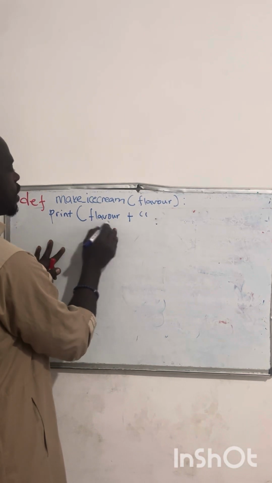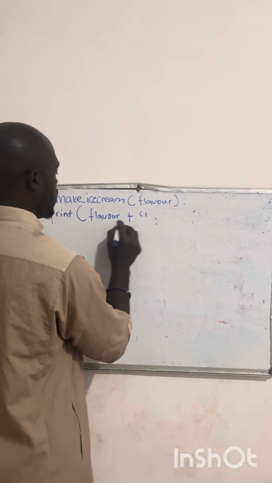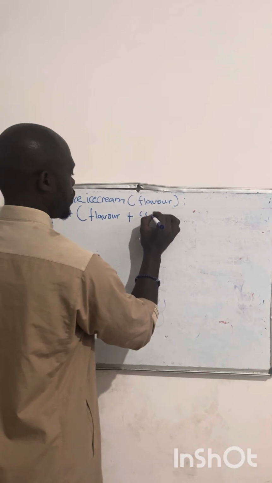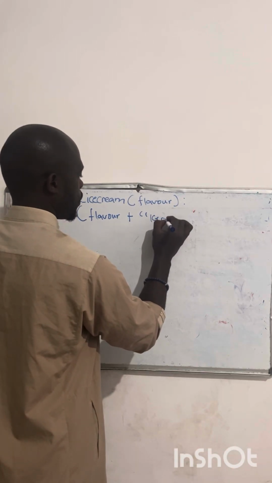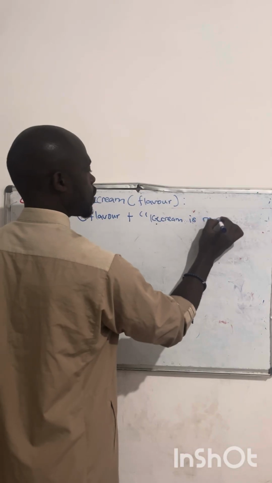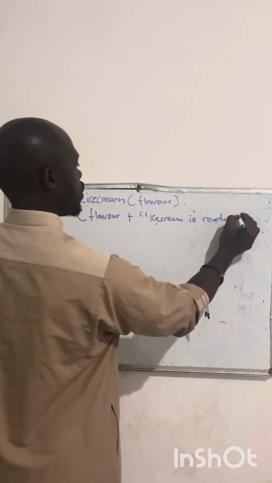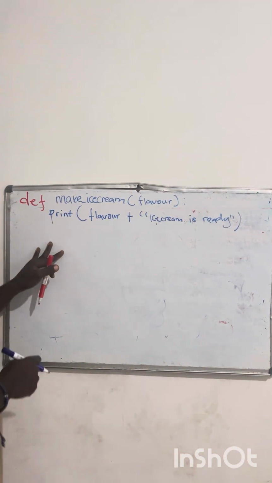So it's going to print the flavor that we shall have passed, and then it will add on the statement flavor ice cream is ready. Okay, so this is what we want our function to do.